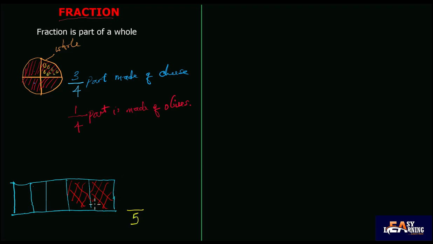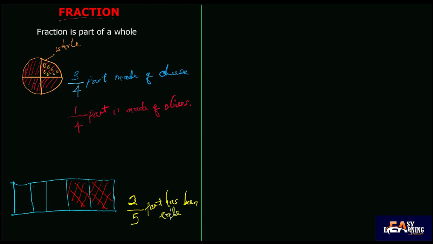And then the question could be asked, what's the fraction that has been eaten? The parts that have been eaten are one and two. So the fraction that has been eaten is two over five. Two over five parts has been eaten.